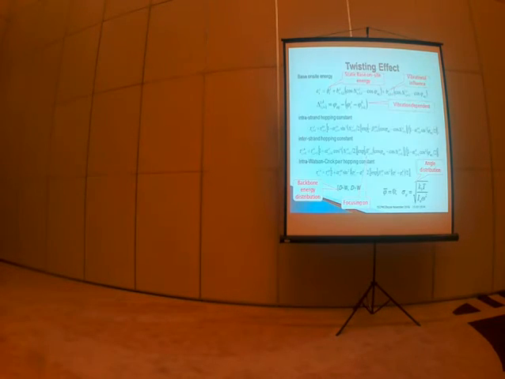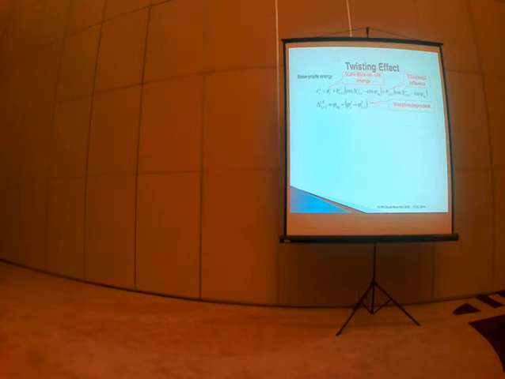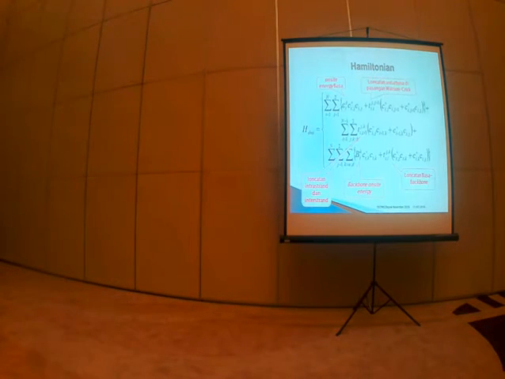So from this construction, we have a Hamiltonian model in the tight binding form. This is the on-site energy of an electron at a base, and this is the on-site energy of an electron at the backbone.